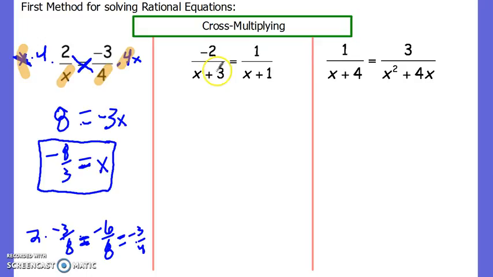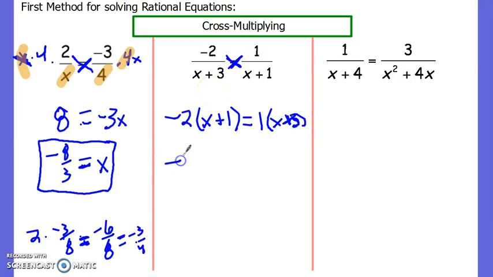Now that also works when you have larger polynomials inside of your proportion. So again, we're going to cross multiply. I'm going to take that negative 2, multiply it by x plus 1 from the right side, and I'm going to take the 1 from the top on the right side, and multiply it by the x plus 3 on the left side. Do a little distributing.